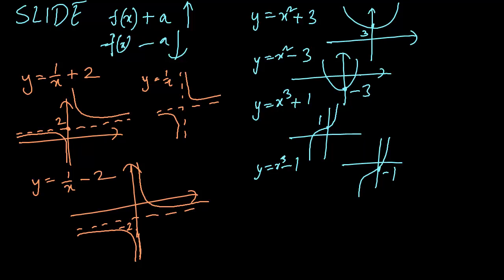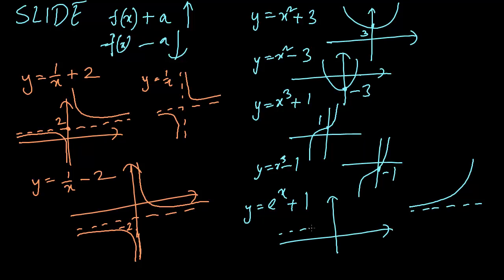So suppose you have y equals e to the power x plus 1. Again, remember, the original picture has an asymptote with it. So e to the power x plus 1 means when it slides upwards, the asymptote would move upwards. So this one would be 1. And the picture would be this. So previously it used to cut the y-axis at 1.